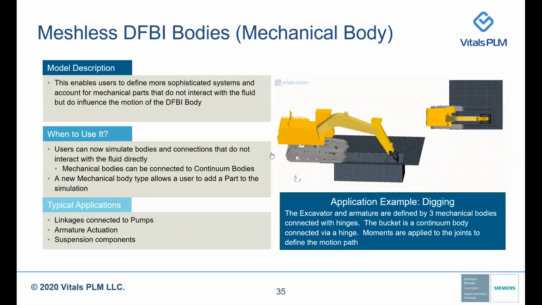Within DFBI, there's an option called meshless DFBI bodies. Here in this example, we see an excavator excavating some material from the pit. If you use this meshless DFBI body, namely the mechanical body, only the bucket is part of the modeling, and the other connecting mechanical components are modeled by external forces in the form of hinges and joints.